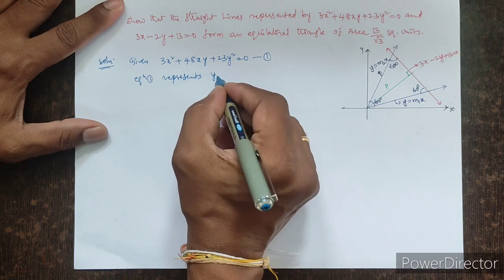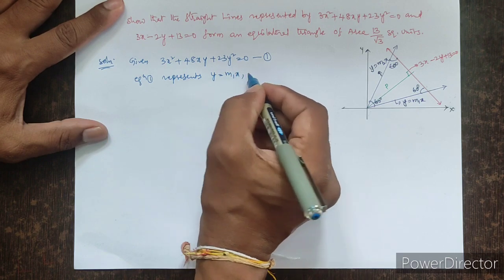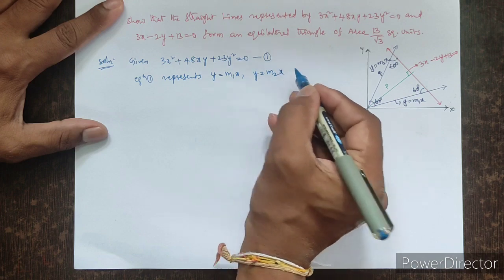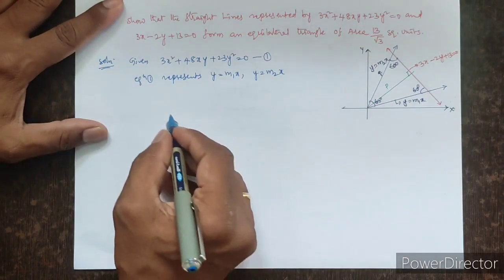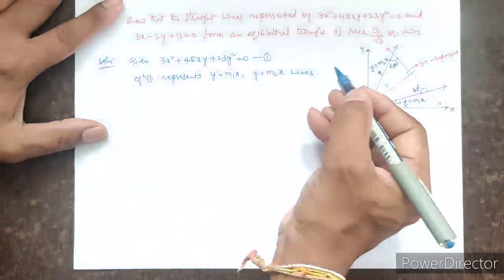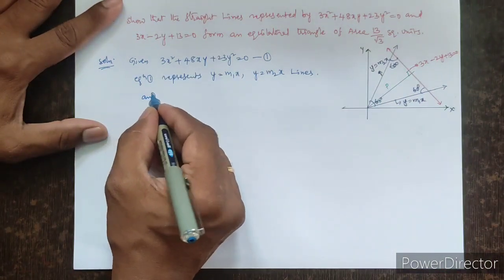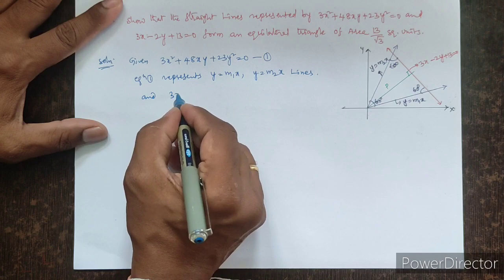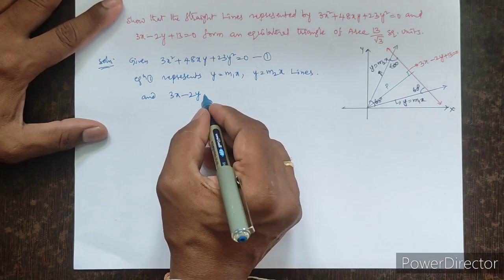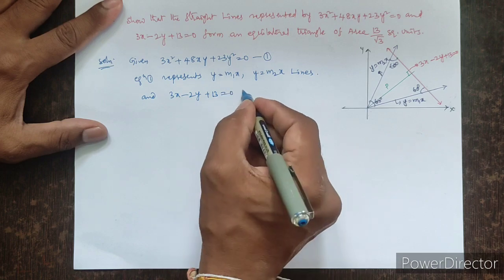Two lines, y equal to m1x and y equal to m2x, and the given line, that is 3x minus 2y plus 13 equal to 0.